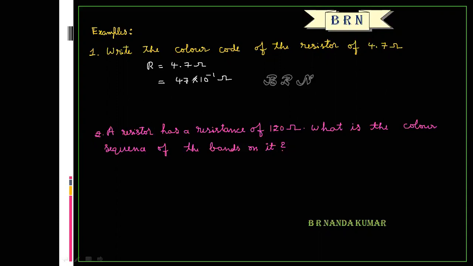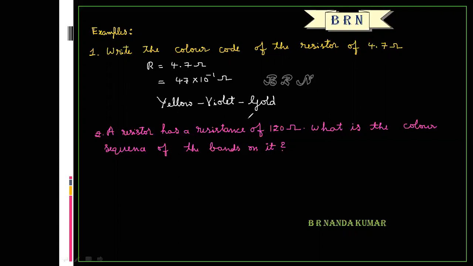So 4 means what is the color? That is yellow, right? 7 means what is the color? That is violet. 10 power minus 1, this is multiplier, means the color is gold. So this is the color code of the resistor.